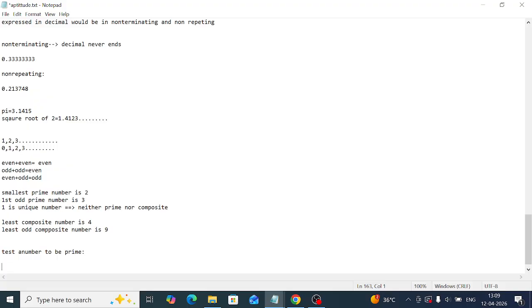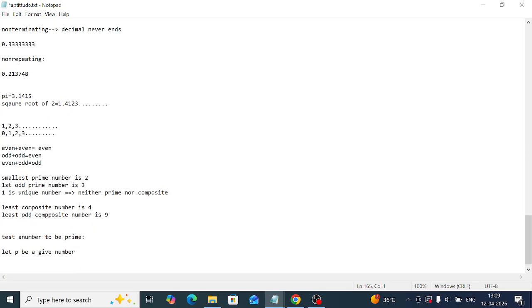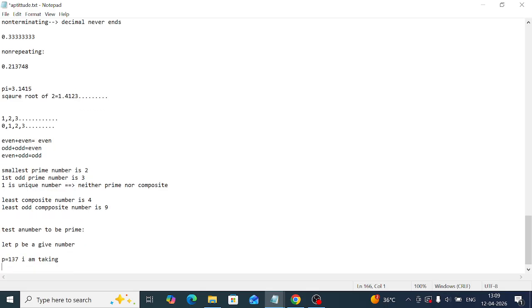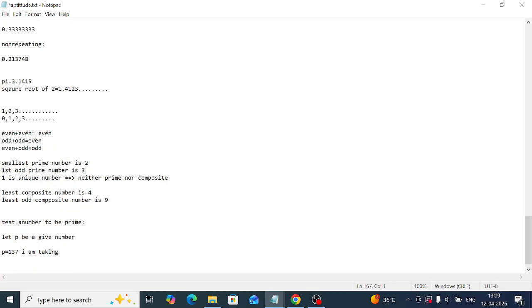See, if you want to test a number to be prime, we have to follow one rule. Suppose let P be a given number. I am taking P equal to 137.